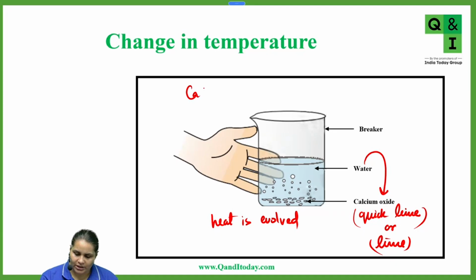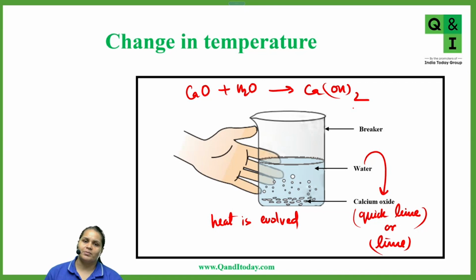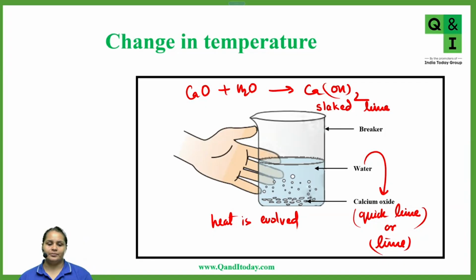We took calcium oxide, and we added water into it, and what was formed? Calcium hydroxide. What is the common name for calcium hydroxide? Anyone? Lime. Exactly. It's slaked lime. So the change in temperature is another example where we see that a reaction has happened.